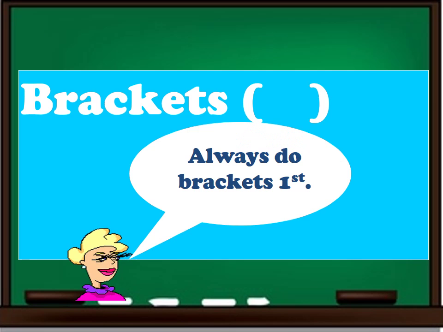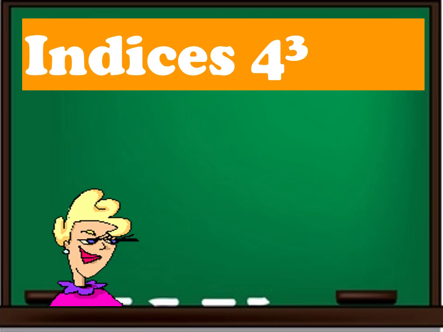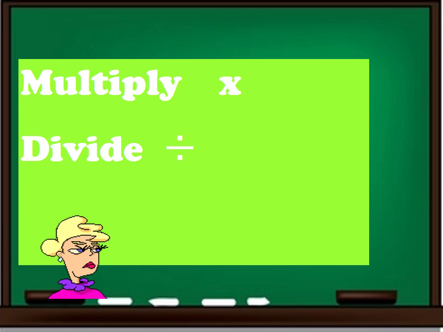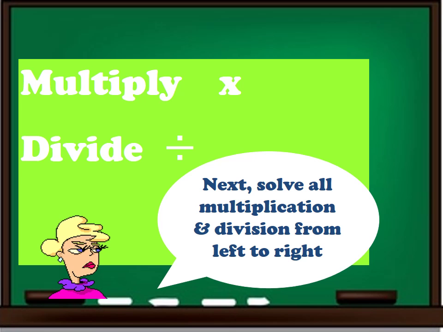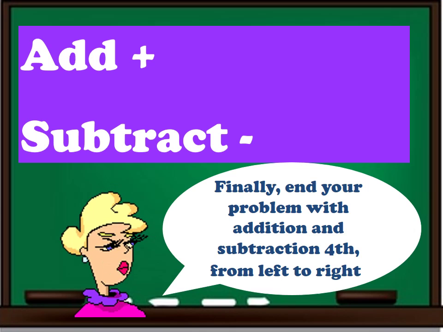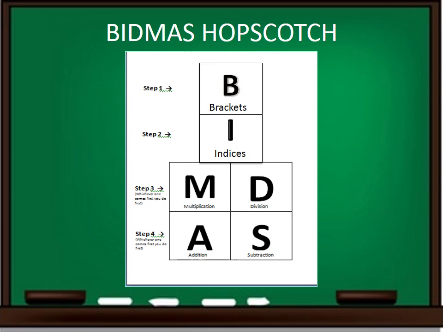So brackets first, always do them to start. Indices, the little powers, come next. Multiplies and divides come next, from left to right. And add and subtract comes last, from left to right. Now, BIDMAS or BODMAS sounds like the multiply comes before the divide, but that's not true.